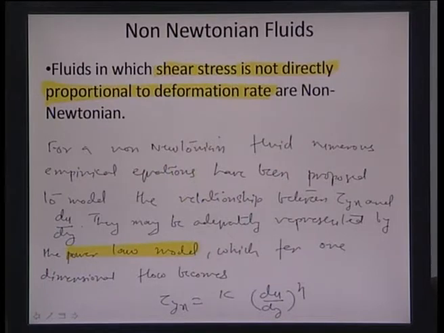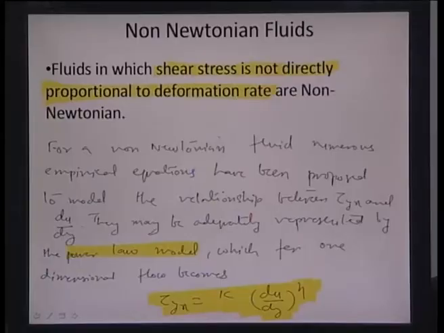Here, the shear stress tau yx is proportional to, instead of du by dy to the power 1, du by dy to the power n, where n can be either more than 1 or less than 1, and depending on what it is, the fluid would vary in its physical properties. There are different cases for different values of n, for which this equation would signify a different property altogether of such a fluid.